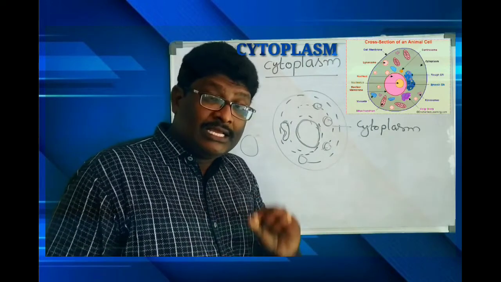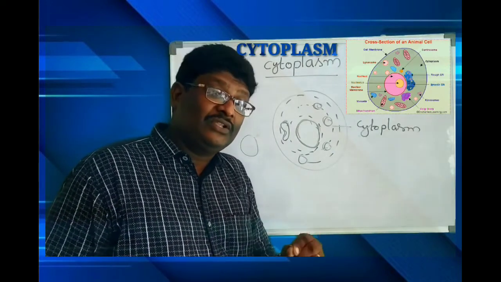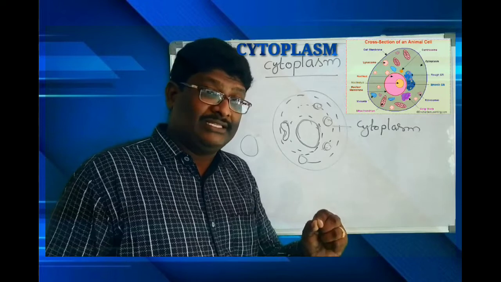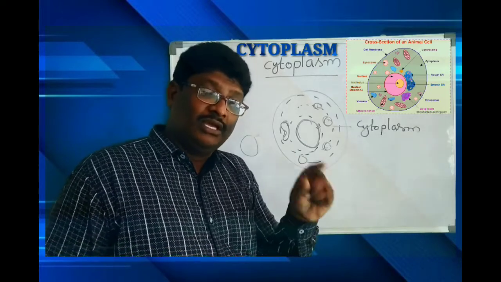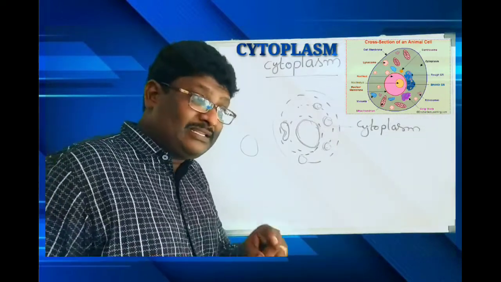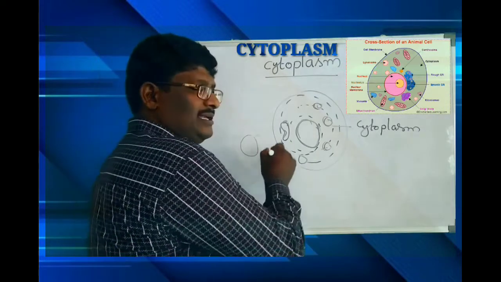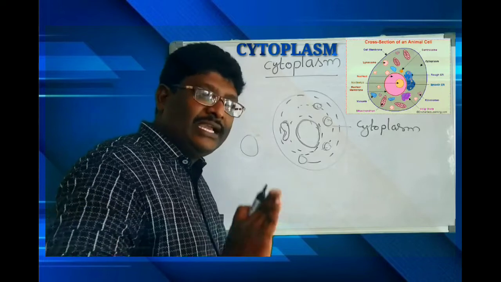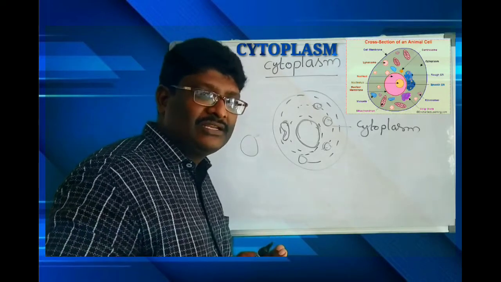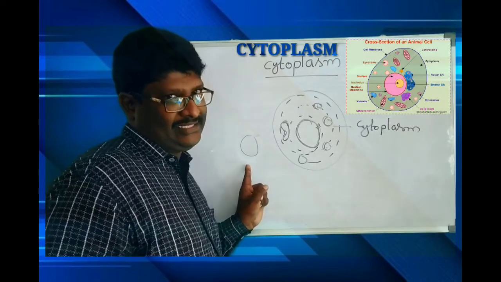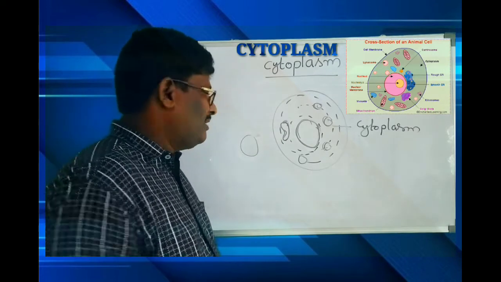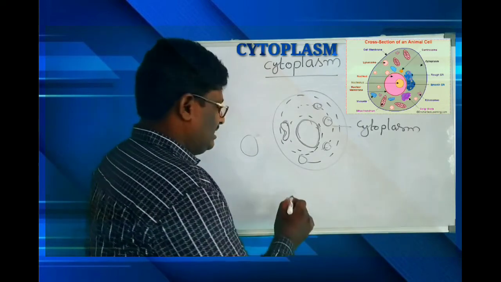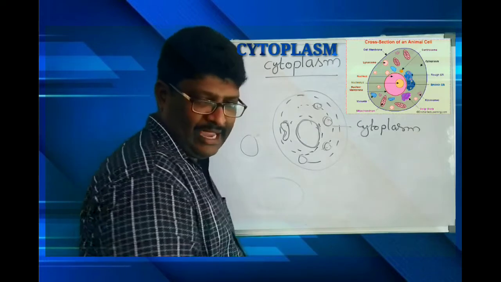But some living organisms, even though they have a nucleus, do not have a nuclear membrane around it. Such living organisms are also called prokaryotes. For example, this is a cyanobacteria.